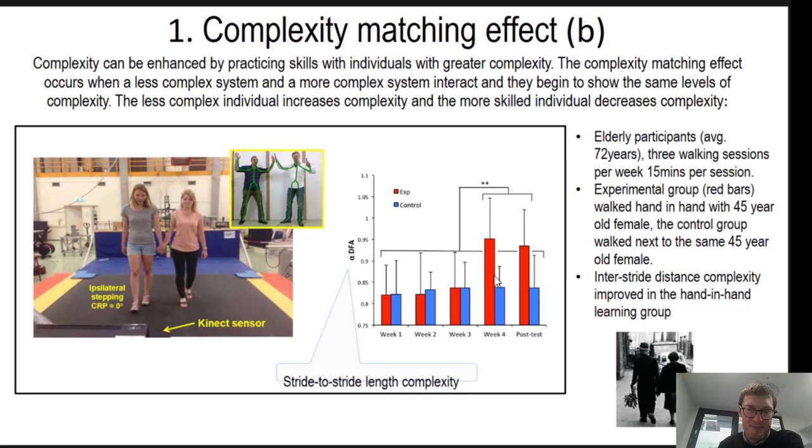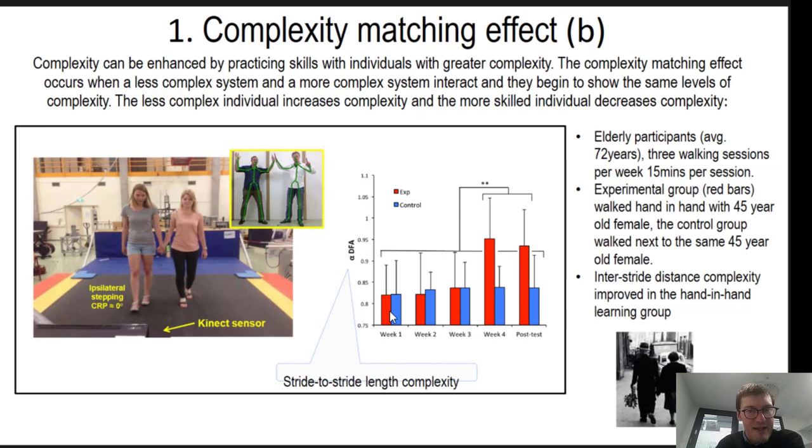Okay, and what we can see from week 1, 2, 3, 4, and into a post-test assessment, and these assessment trials for both conditions are done just walking by themselves.